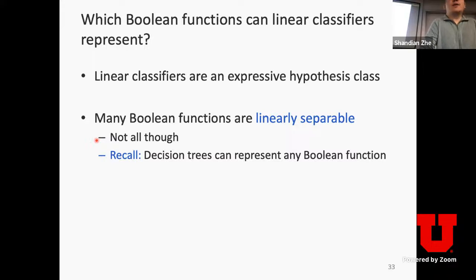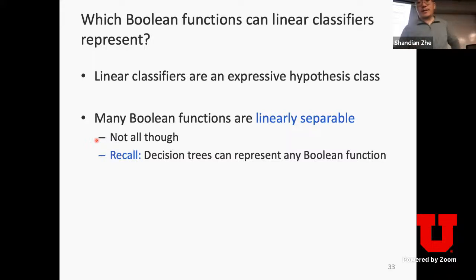So for any Boolean function, the decision tree can perfectly fit it. In other words, it can perfectly represent it. But we'll see linear classifiers can only represent a small subset of Boolean functions. That's why we say linear classifiers are less expressive than decision trees.